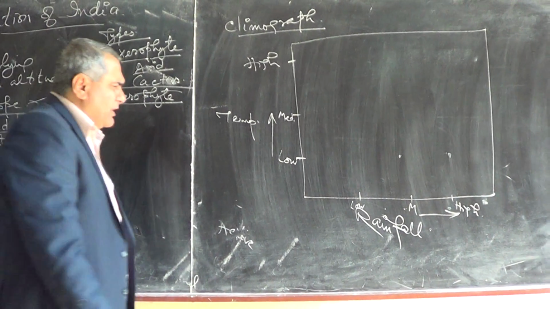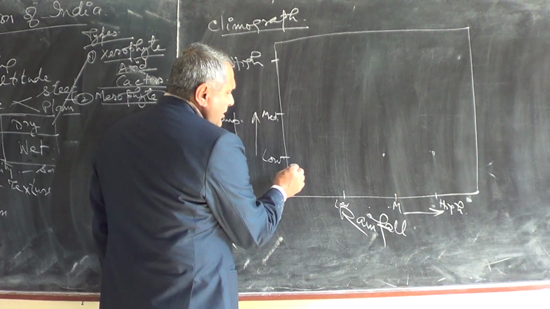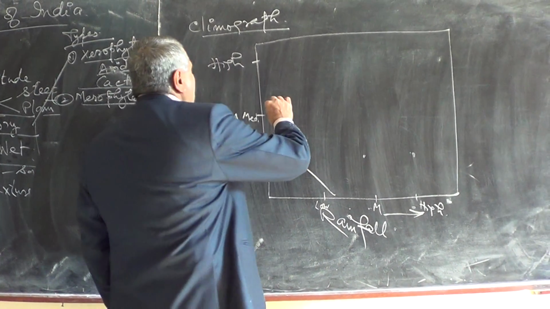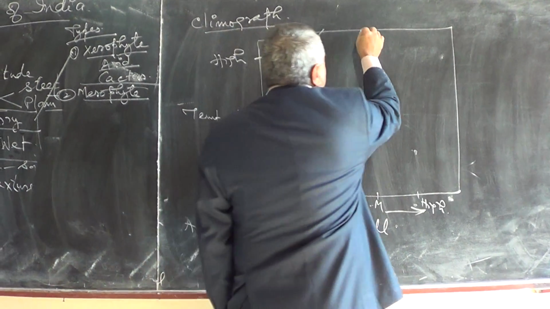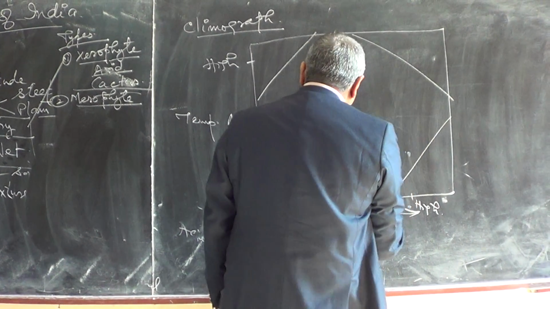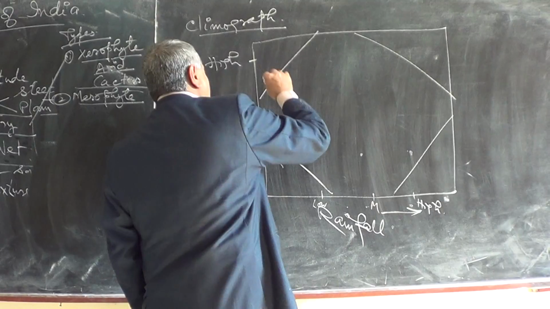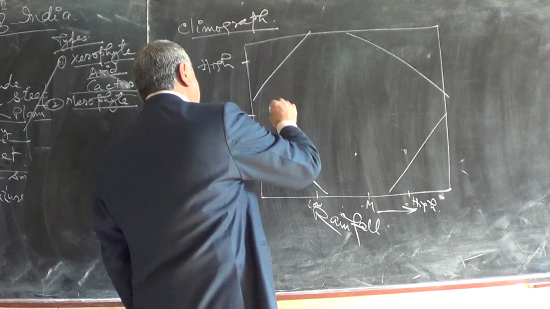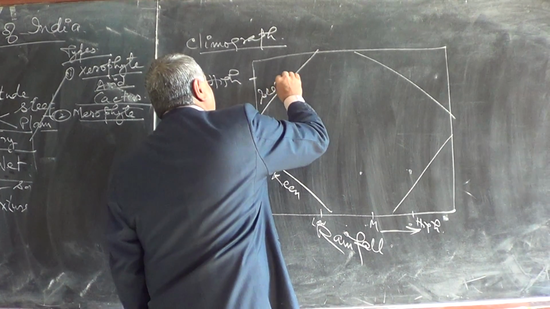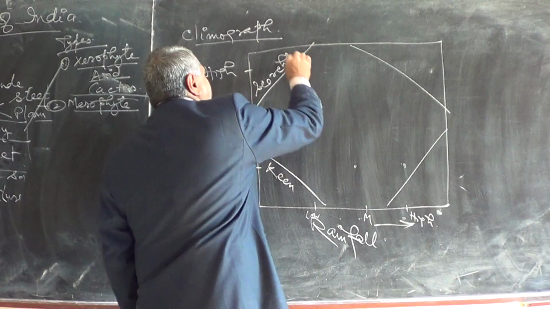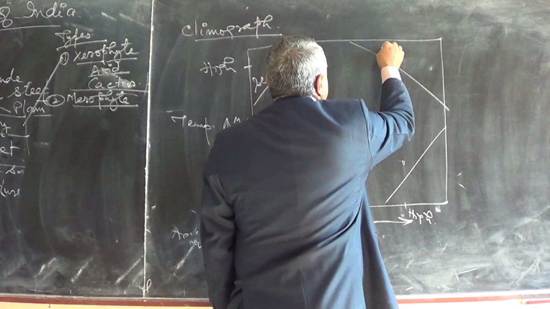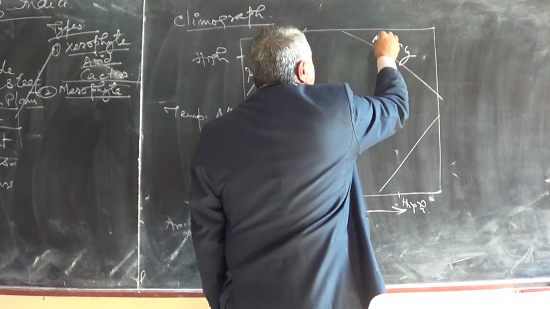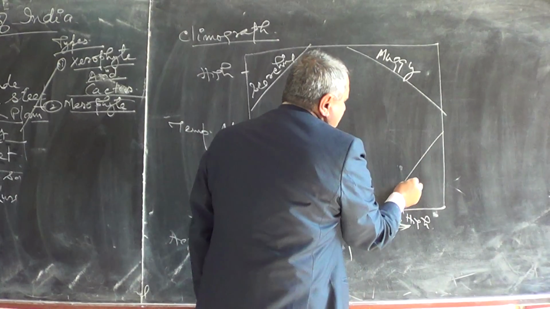Then when there is low rainfall and low temperature, it is called keen, scorching, muggy, and this is called raw.